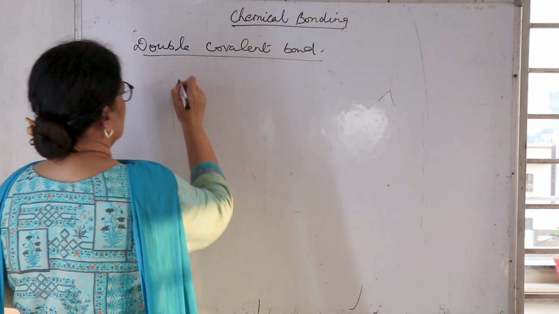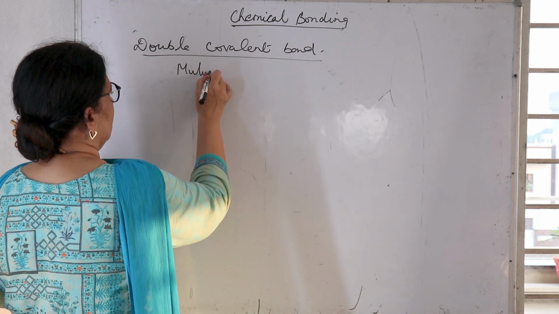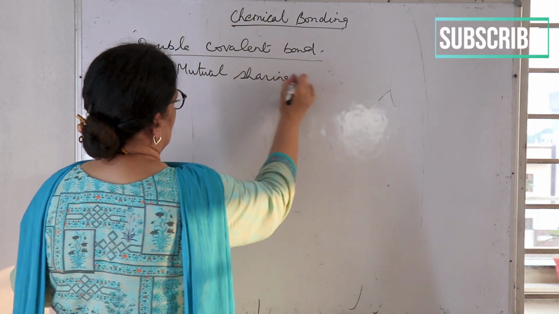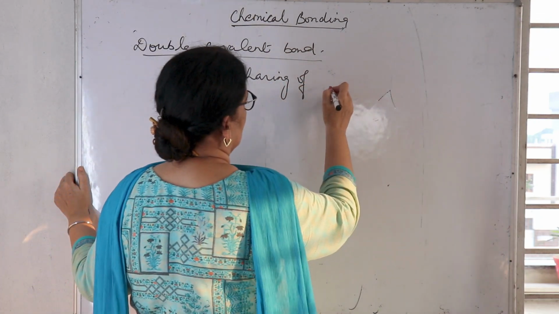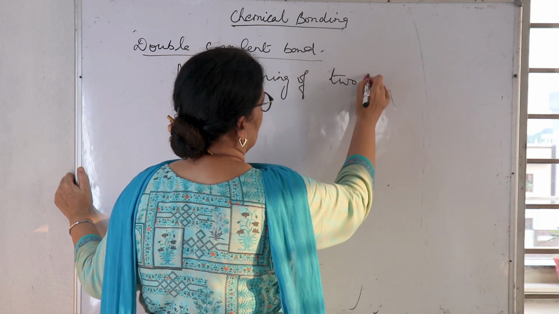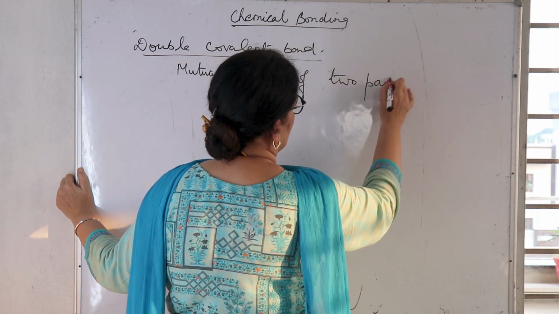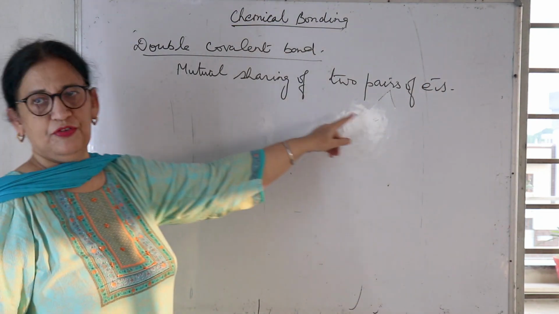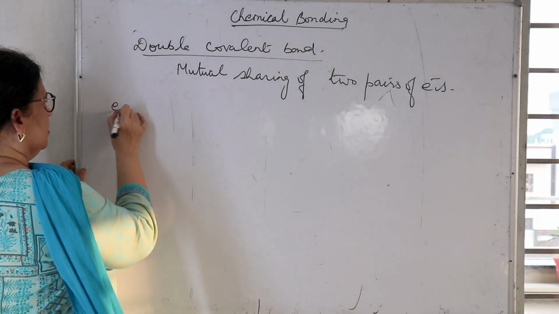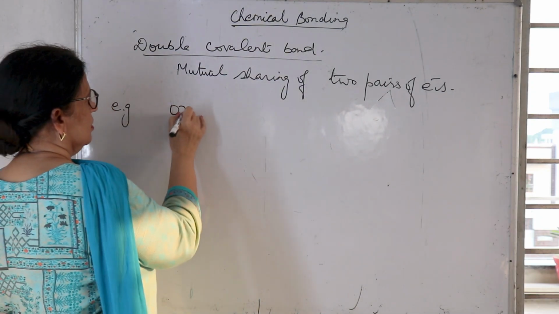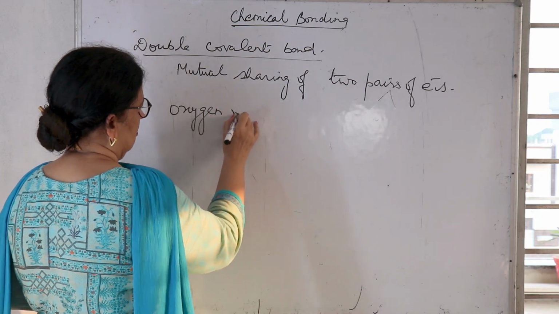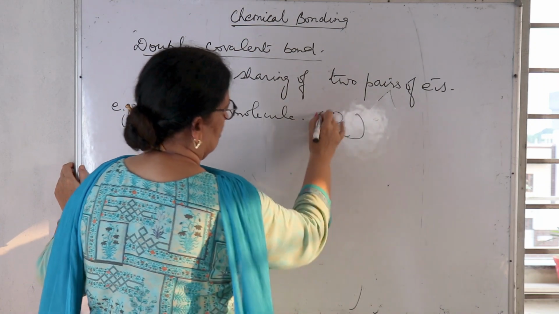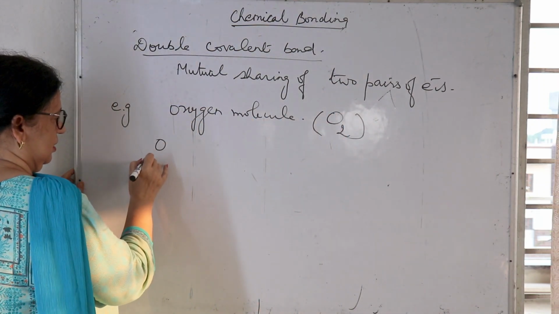Double covalent bond, mutual sharing of 2 pairs of electrons. So which is formed by mutual sharing of 2 pairs of electrons. For example, that is oxygen molecule. O2 molecule. Oxygen atomic number 8.